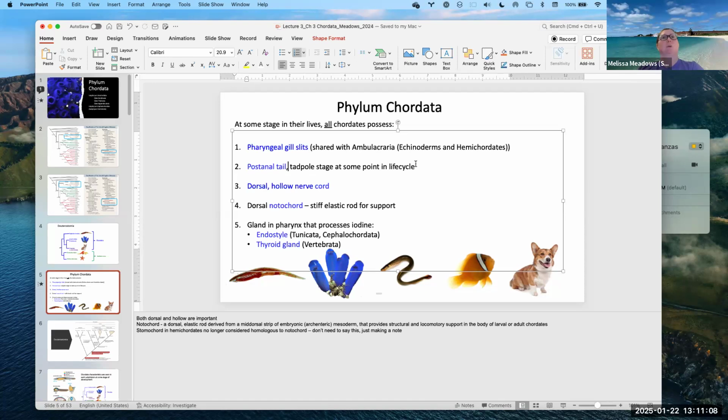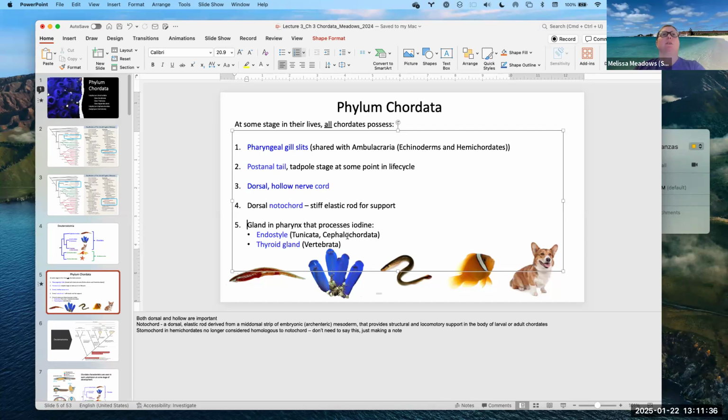So there's just some kind of tail structure, which is going to have musculature and vertebral elements and nerve cord slash continuation of the notochord beyond the anus at some stage in development. So all of us had a tail when we were embryos.